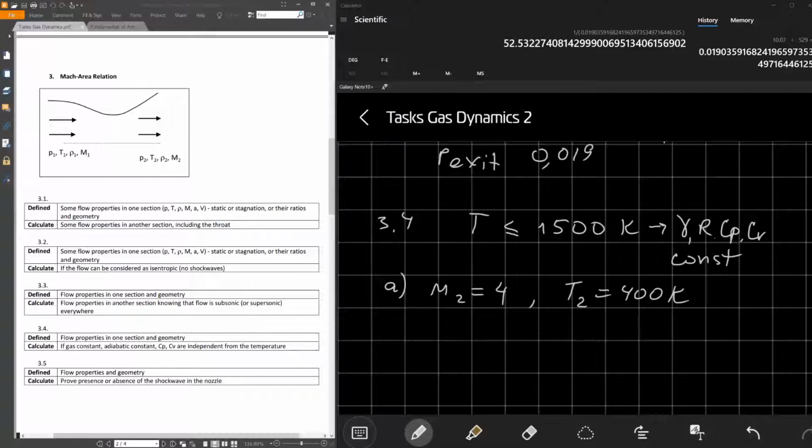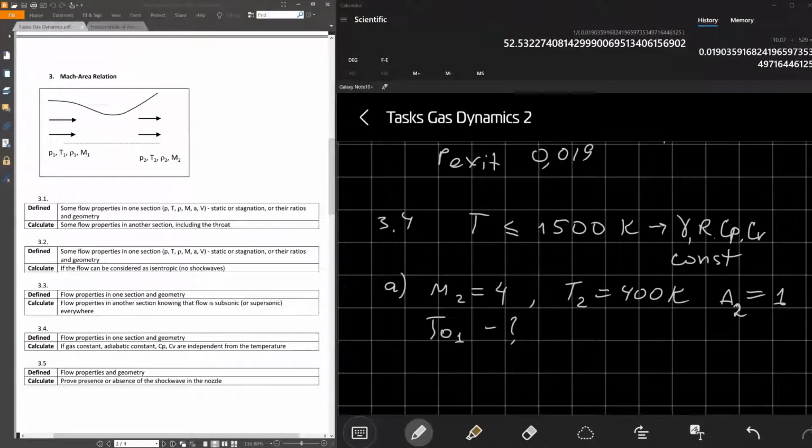We need to know that the area here, area 2, is equal to 1, supersonic part of the flow. And we need to see if our stagnation temperature, T01, is bigger or lower than 1500 Kelvin.